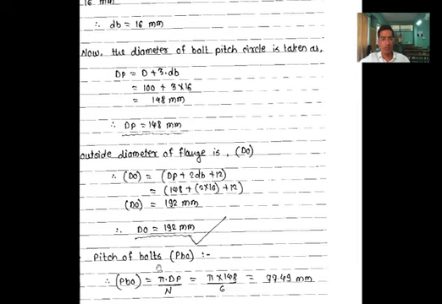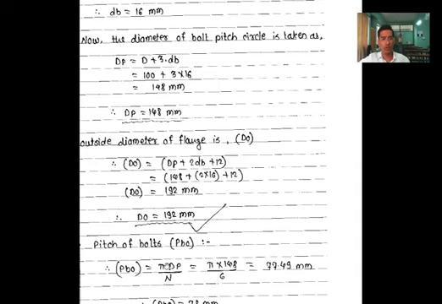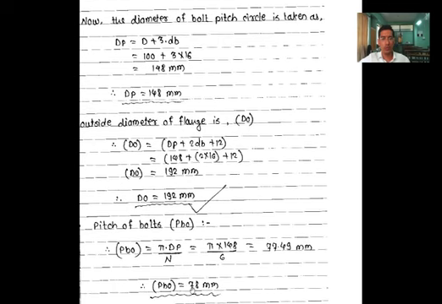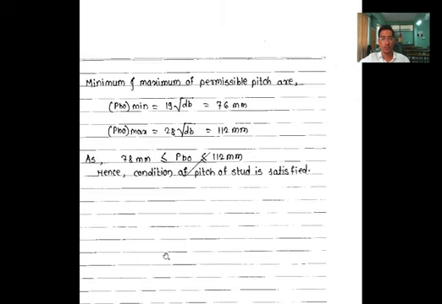Next is the pitch of the bolt, denoted by PBO. So PBO is equal to pi dP upon N. So dP will be 148, the diameter of the bolt pitch circle, and N is 6. Therefore, 77.49 will be your pitch of the bolt. So rounded, 78 mm is the pitch of the bolt.